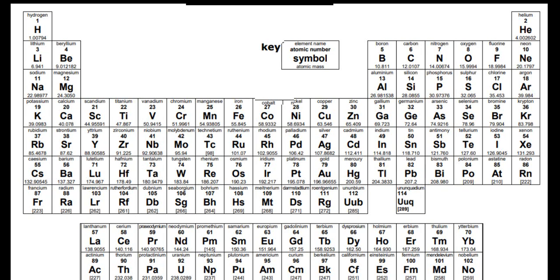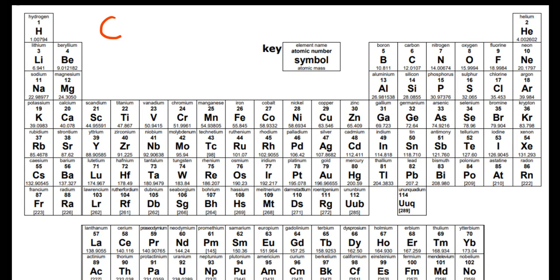Let's say, for example, I wanted to find the molecular mass of carbon dioxide. For me to find the mass of this carbon dioxide, I'm going to go on the periodic table and get the atomic mass of oxygen, and also the atomic mass of carbon. When I go on my oxygen here, you can see that the atomic mass there is 15.9994.